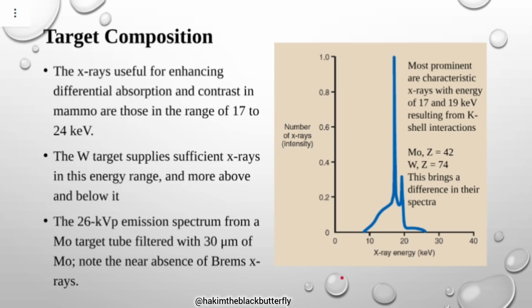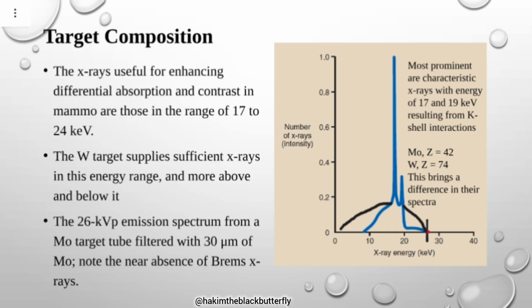Now, I should tell you that before filtering, this spectrum is like this. It has to stand at 26 because that is the maximum, that is the KVP that is used.